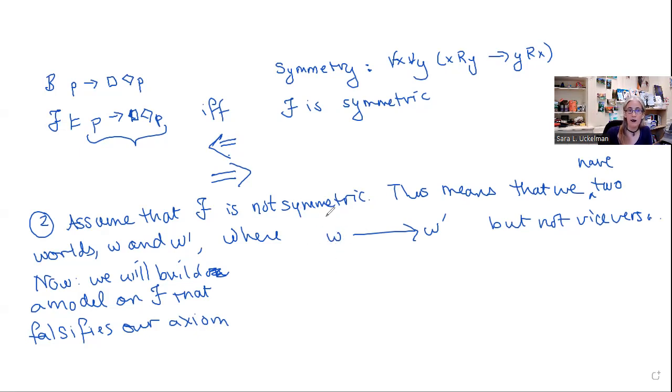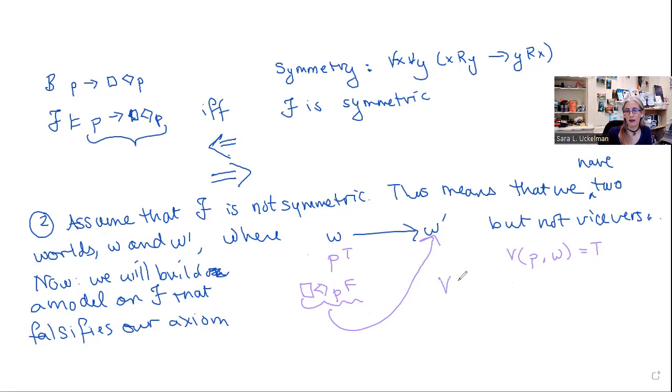It's going to be P. So we know that P has to be true at W. So the value of P at W equals true. Now, in order to make this false, it has to be the case that there is at least one world that W can see that sees no worlds that make P true. So of course, we're going to use our W prime here.